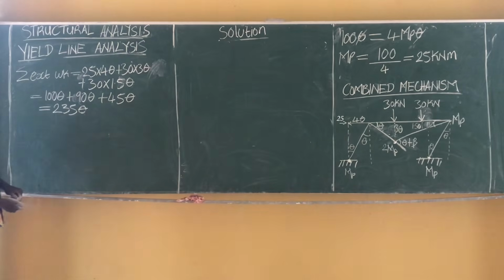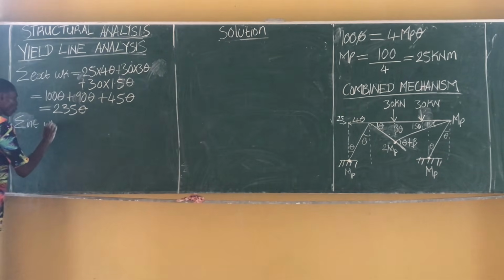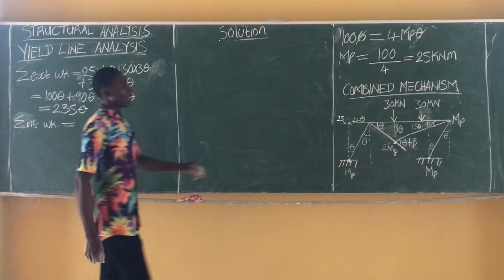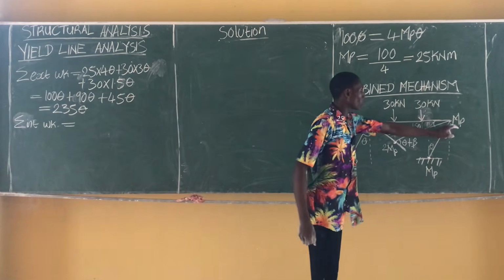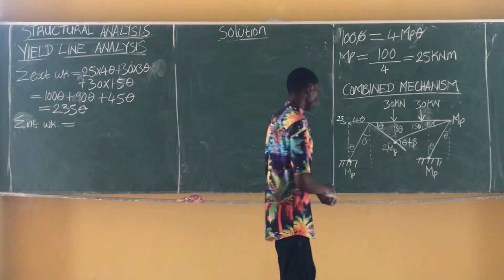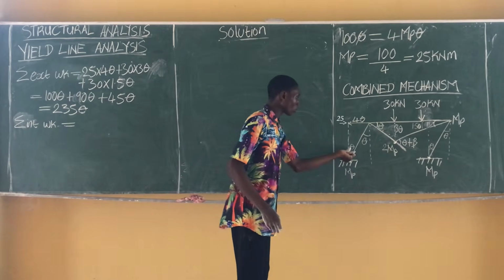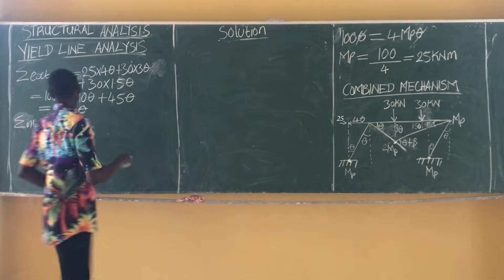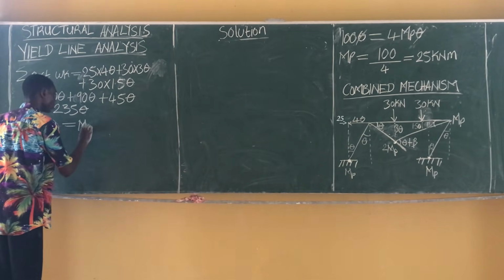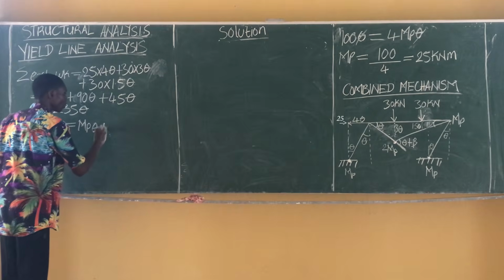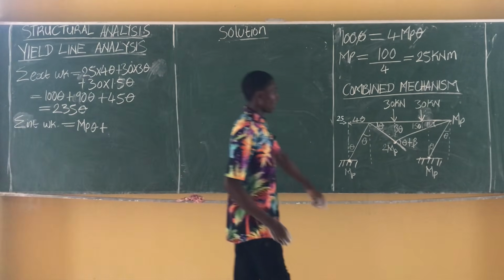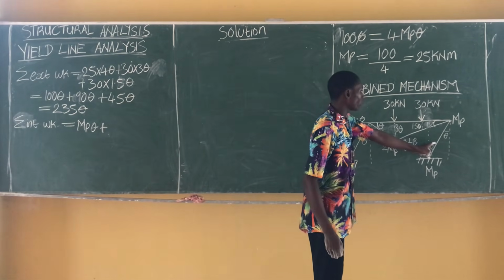Alright, so our next task is summation of internal work done. And that's equal to our plastic moment multiplied by the angle. So let's start from this point. We have MP multiplied by theta. So we have MP theta plus, at this point we also have MP theta.